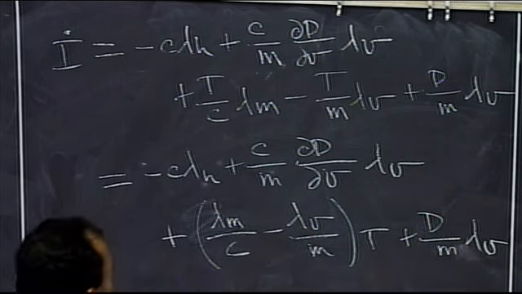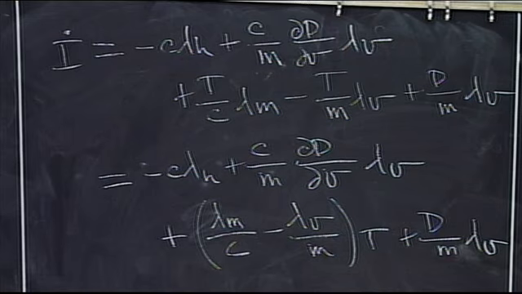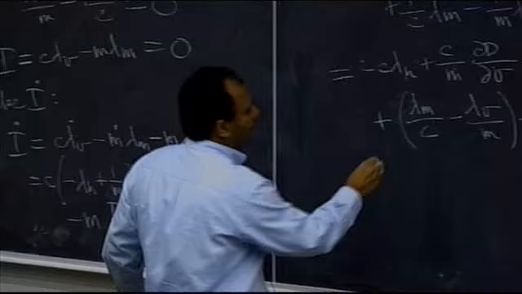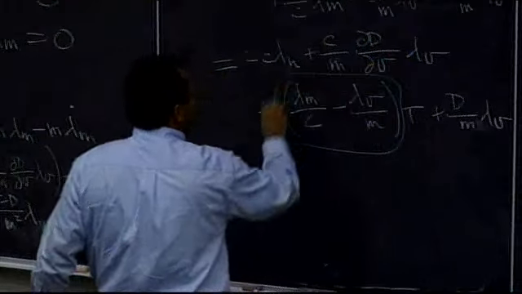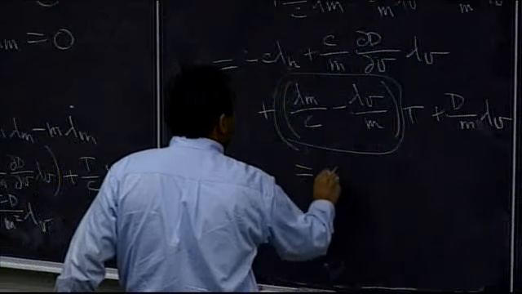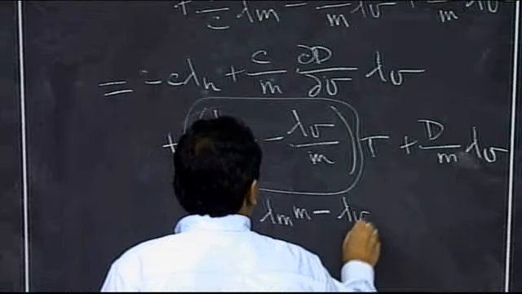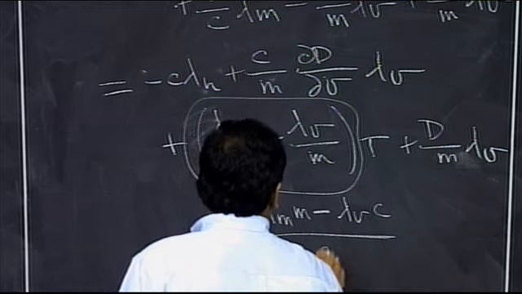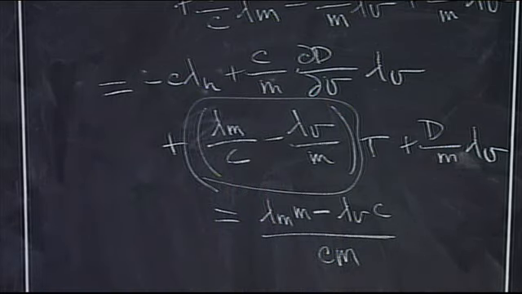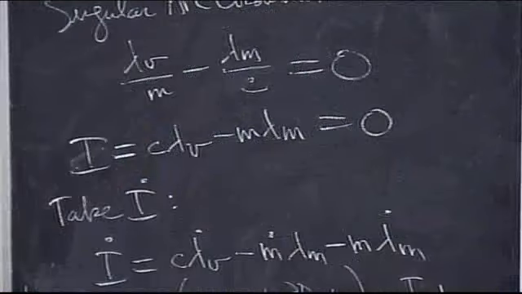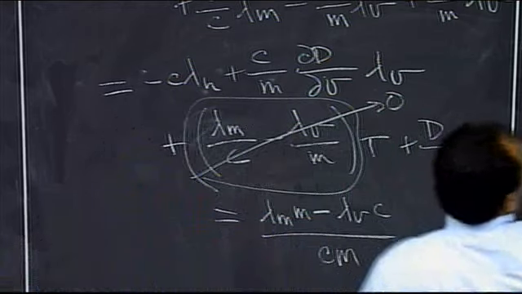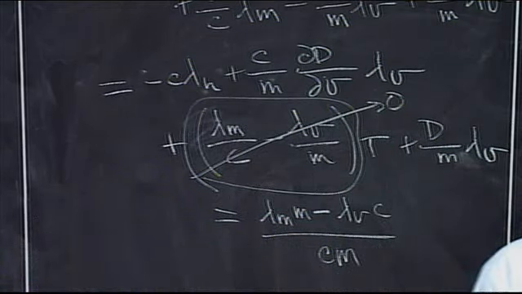Now you can look at this right here, and you can see that it's the same thing that I had over here. It's just the negative sign of it, right? So if I put this whole thing together, what do I get? This is equal to lambda sub m times m minus lambda sub v times c, all divided by c times m. So I've got the same thing as I've got here, except for I've got a negative. So this whole thing is 0. Because it's equal to I, and I is equal to 0 on the singular arc.